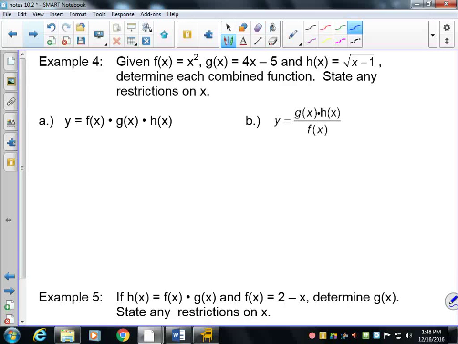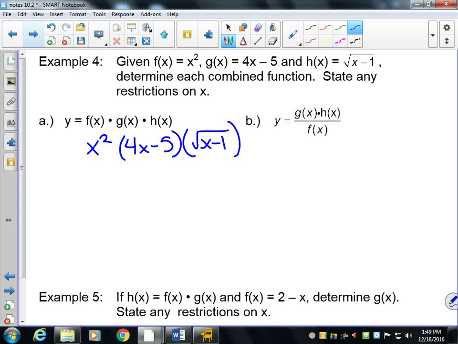Now they just get into a little bit more detail. F of x times g of x times h of x. It's the same thing, it's just more algebra. Where do we make our mistakes? Algebra. Okay? So f of x times g of x times h of x, how would I write this? Determine each combined function.